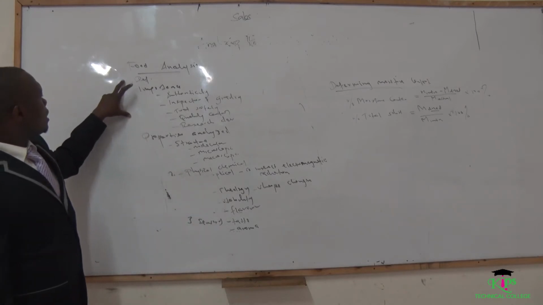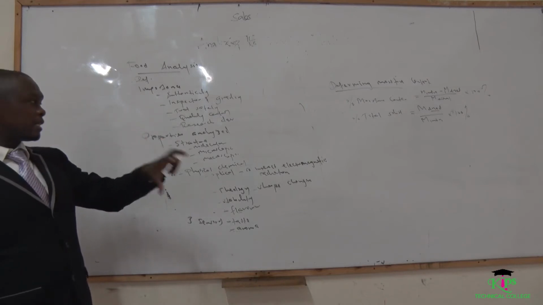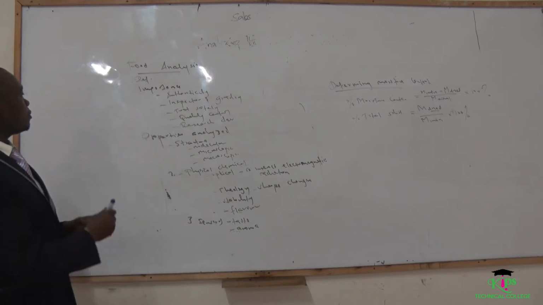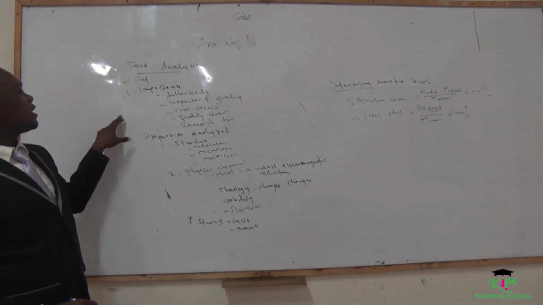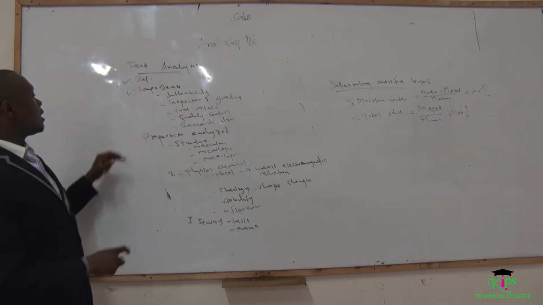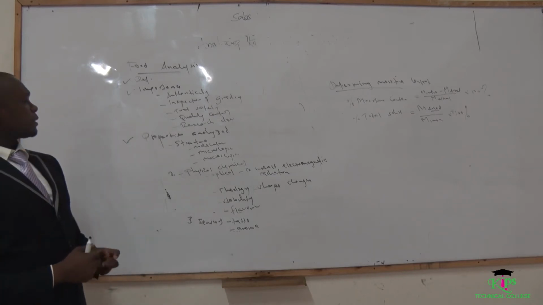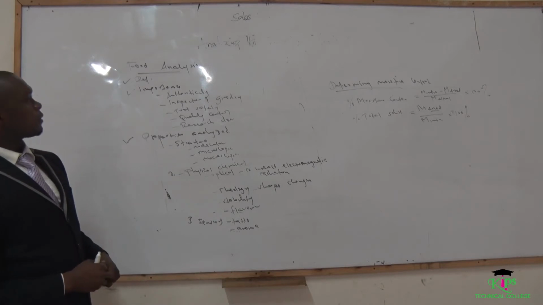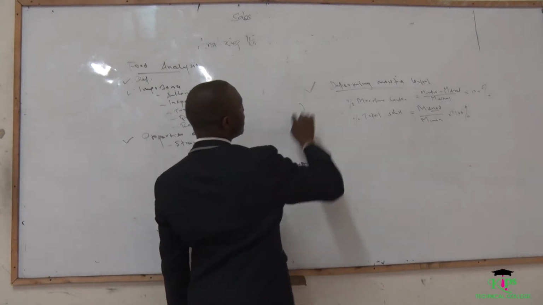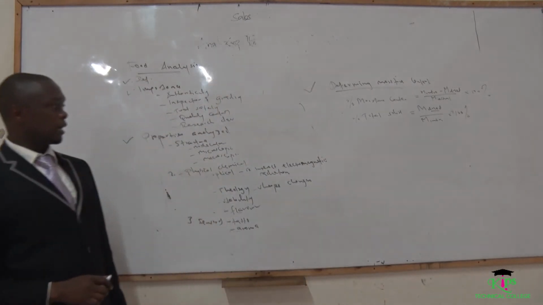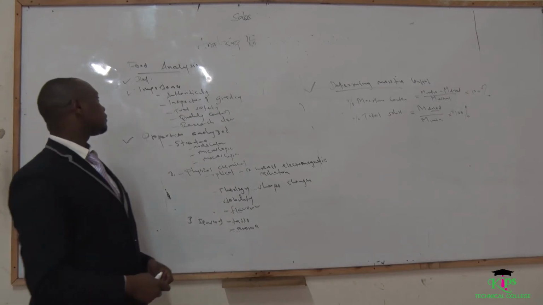But for today, I want us to just mention something little for our video. We want to define what we mean by food analysis, and we are also going to look at the importance of carrying out food analysis, as well as the properties we analyze in the food, and then finally we shall look at how to determine the moisture content as well as the percentage total solids in the foods.